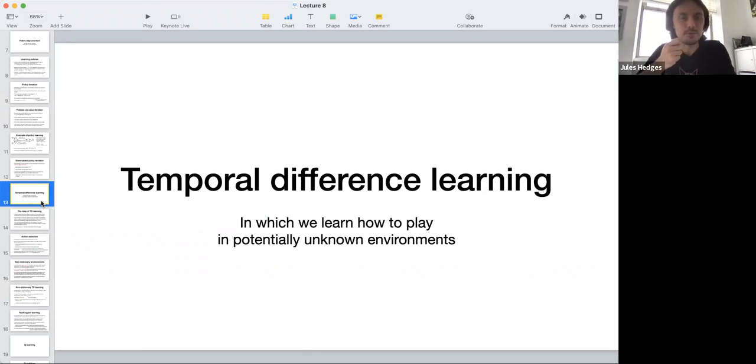So temporal difference methods are basically a small variant of the kind of methods that we've seen until now for approximating the optimal policy of stochastic games, with the difference being that they are specifically designed for unknown environments.